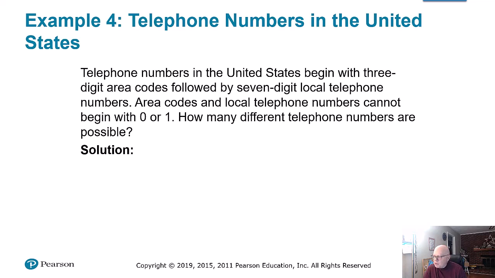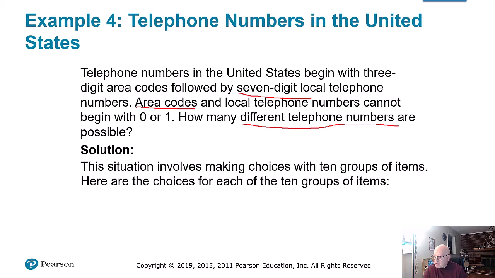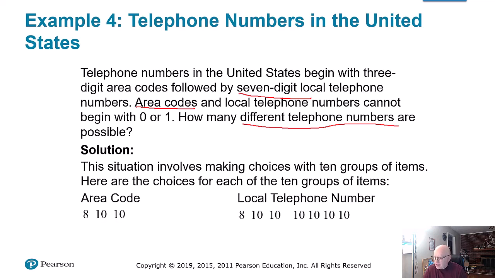We've got 3 groups for the area code, 7 groups for the local telephone numbers. So there are choices. Area code, 8 times 10 times 10. Remember, for the area code, you can't use a 0 at the beginning, and you can't use a 1 at the beginning. But for the second and third digits, any of the digits are fine. So just for the area codes, if this question were about how many area codes could you have? Well, 8 times 10 times 10. 800 area codes.